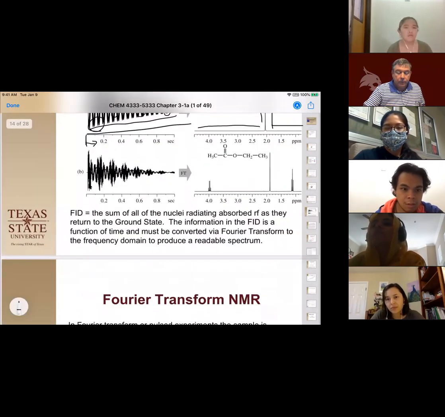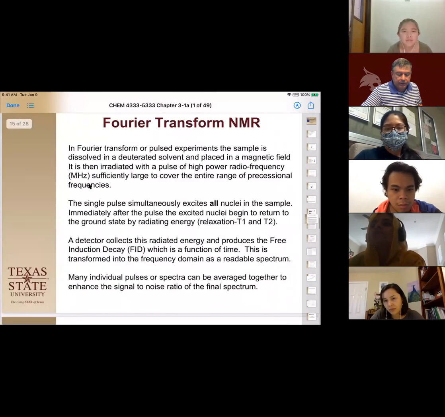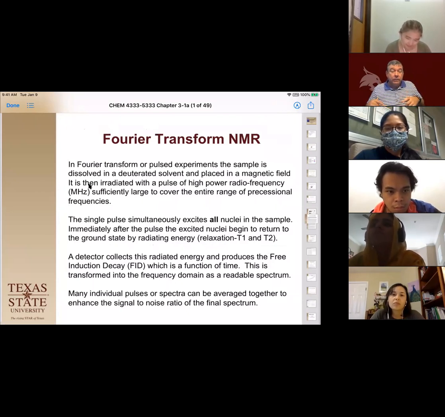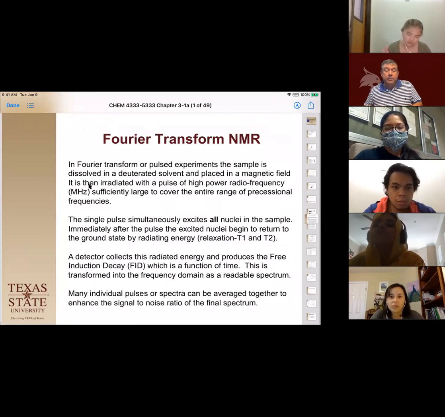Okay. So obviously we can't translate that with our heads, so we use the Fourier transform. And so that's a mathematical convolution where it takes all of those different pulse sequences into a readable spectrum.